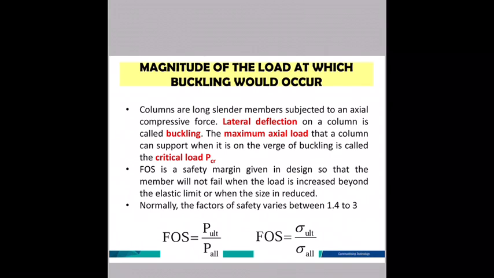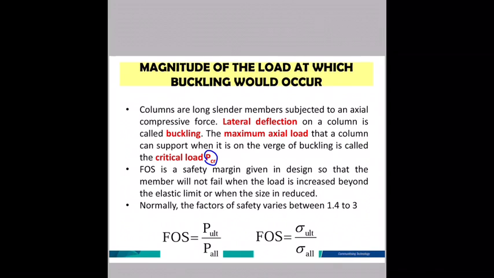Columns are long slender members subjected to an axial compressive force. Lateral deflection on a column is called buckling. The maximum axial load that a column can support when it is on the verge of buckling is called a critical load, which is PCR.